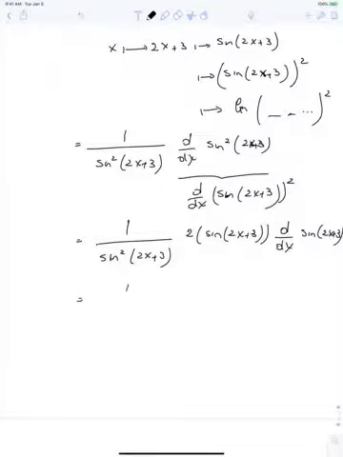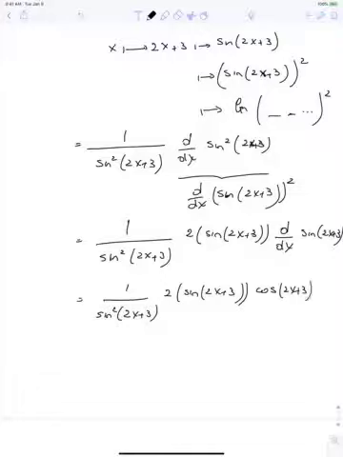Okay, we have the derivative of the sine, which is cosine of 2x plus 3. We're not done yet because we have the derivative of the argument of the sine, which is 2x plus 3.